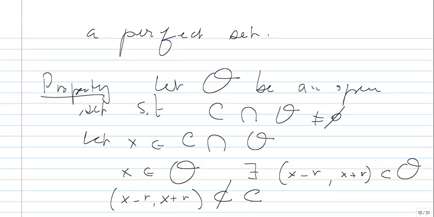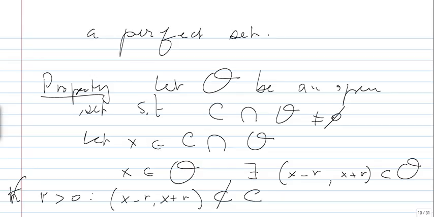Here there exists an r such that you are in, because it's open, but in C, for any r positive, we have that (x minus r, x plus r) is not in C.